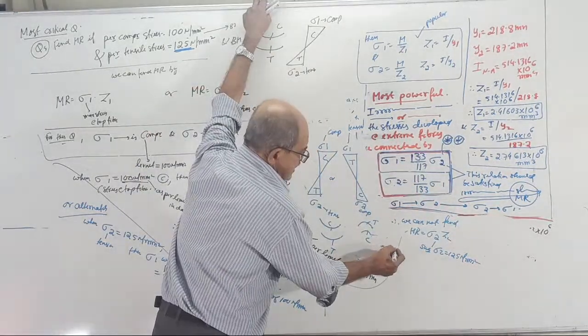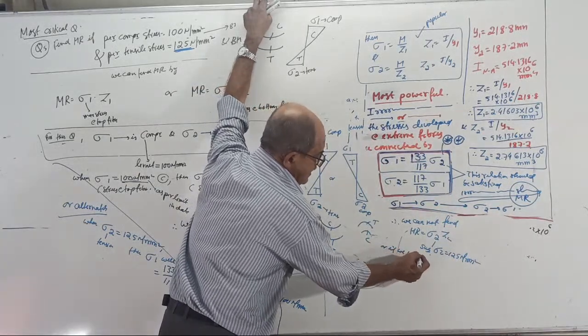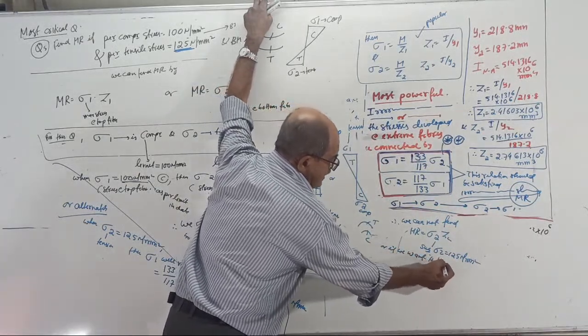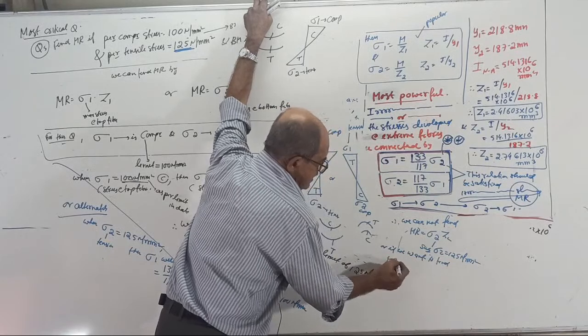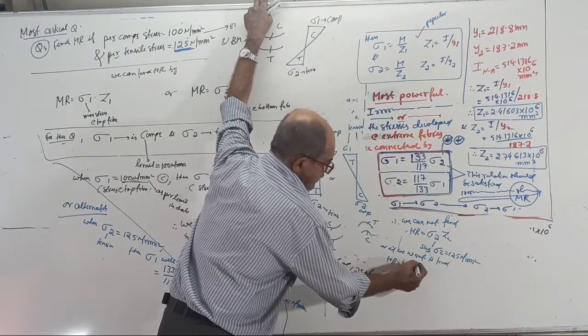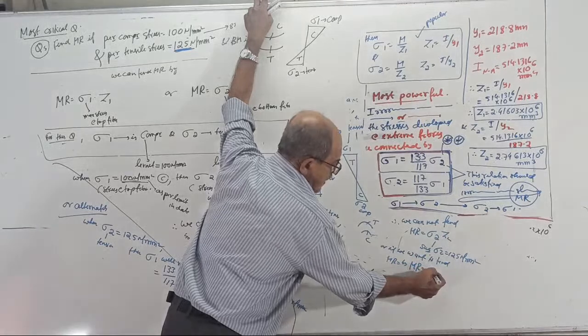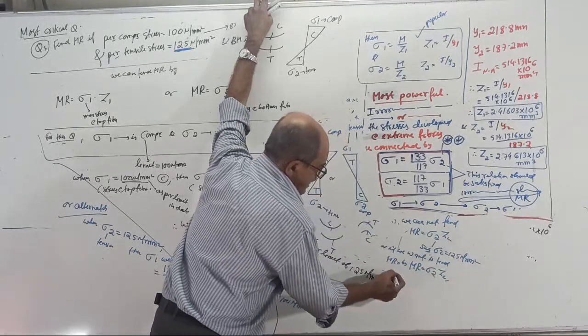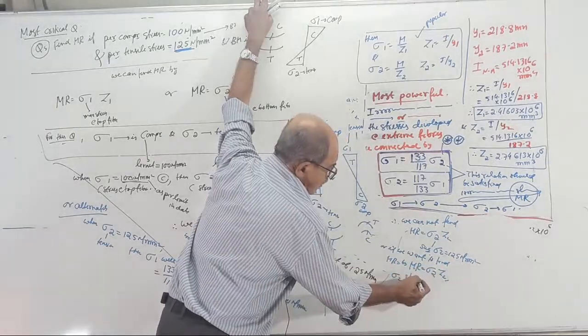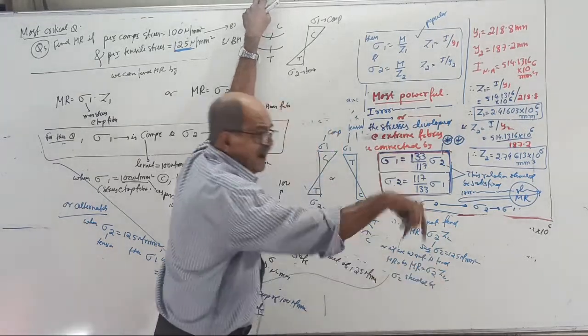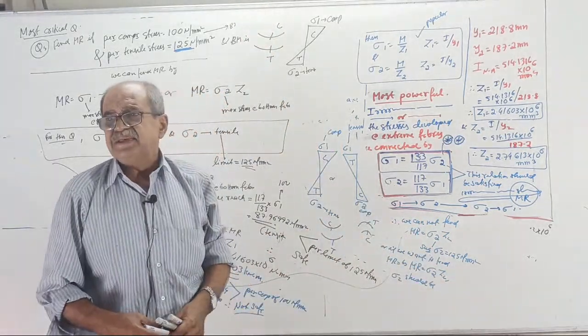Or if we want to find MR equal to sigma 2 into Z2, then sigma 2 should be what? Increased or decreased?